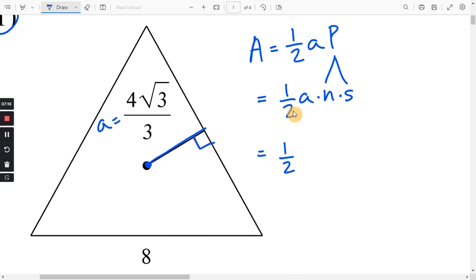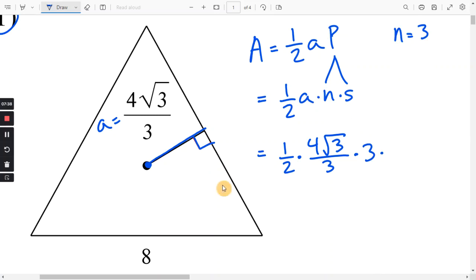All right, so we have the 1/2 times the apothem, 4 radical 3 over 3. And in place of perimeter, N is the number of sides, so N equals 3. So in place of N, I'm going to write 3.